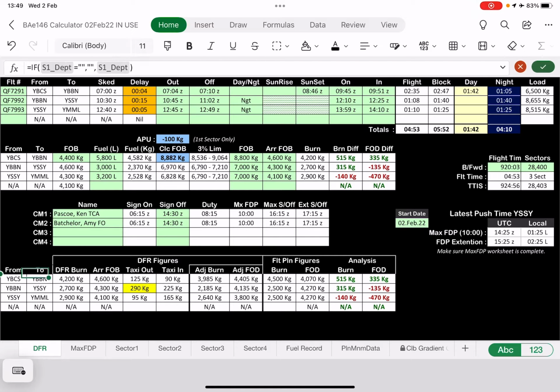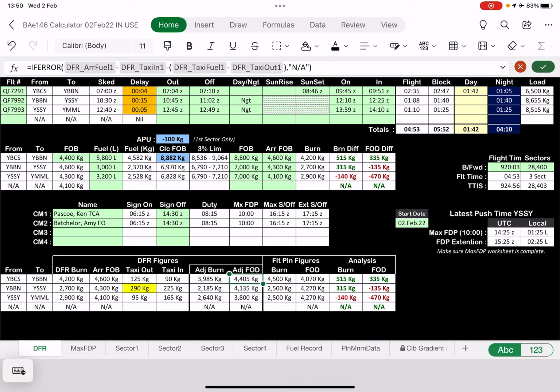Down the bottom here is kind of a fuel analysis, so you can see the DFR burn was 4,200, we arrived with 46, taxied out, and that taxied out figure is based on the difference between out and off multiplied by the FCOM typical fuel burn rates. So taxi out, taxi in, adjusted burn, adjusted fuel over destination. So adjusted FOD is the fuel that you said you arrived with, less how much fuel you probably burnt during the taxi in.